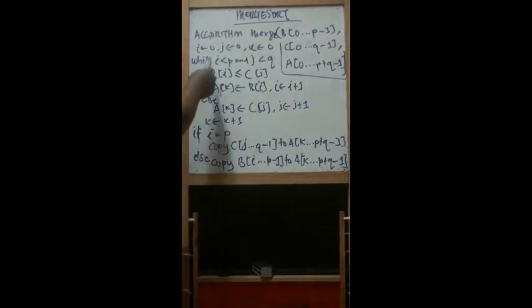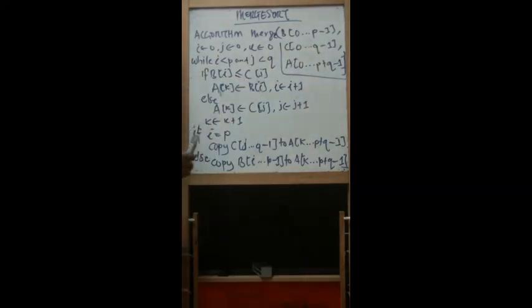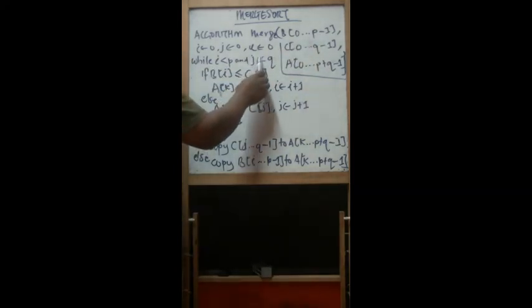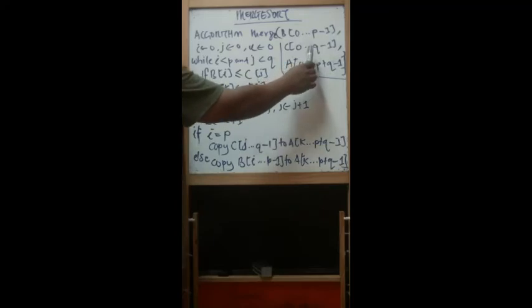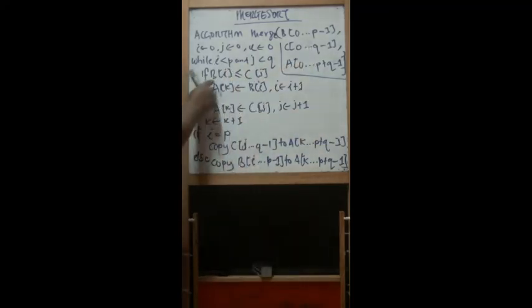The original array A is 0 to P plus Q minus 1, which is M minus 1. Now we have the loop condition: i less than P for the first sub-array B, and j less than Q for the second sub-array C. So we compare B[i], starting with 0, and C[j].